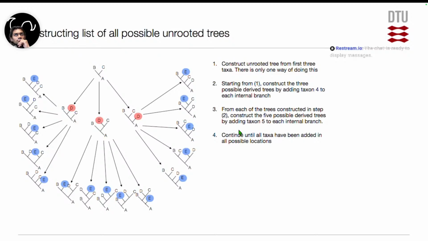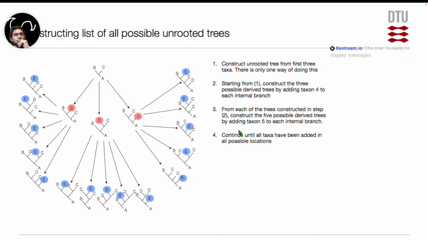So we could put species D on the B branch, on the C branch, or on the A branch. So for each branch in the original tree, we can add the next species, giving us, in this case, 3 derived trees with 4 species.